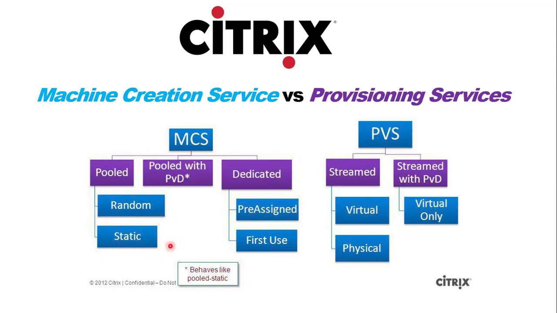In a static pool, every developer will get the same virtual machine whenever he logs in next time. That machine is static for that specific user. But in a random pool, for example, if 10 virtual machines are there and one user signs off, the available machine is a read only random machine, and it will be delivered to the next available user.